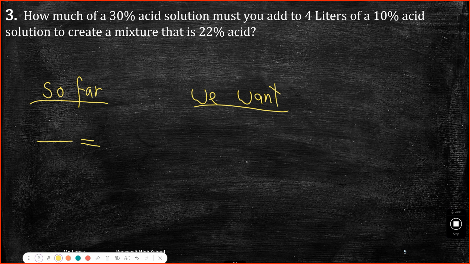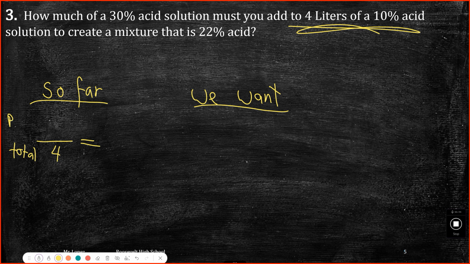We can get it. What goes on the left then? What goes at the bottom? Isn't it 4? This is what we have so far, don't we? Yes? So what goes at the bottom? 4, because that's the total, no?